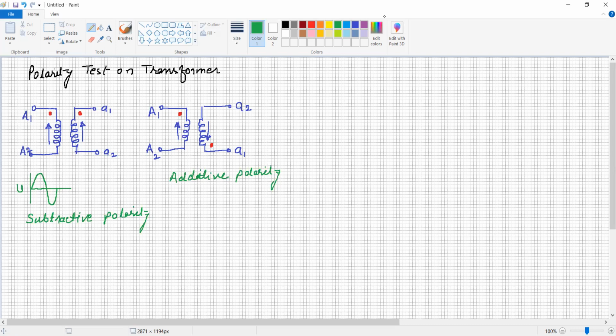By testing this one. Test of polarity. For that, there is a single-phase transformer.